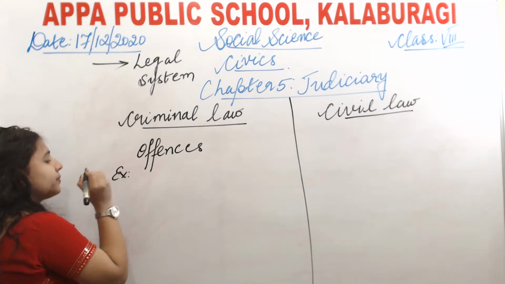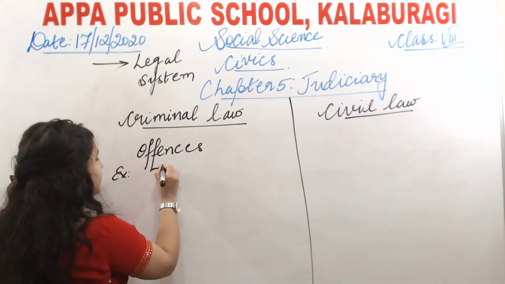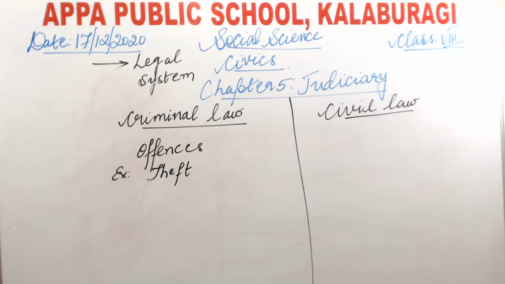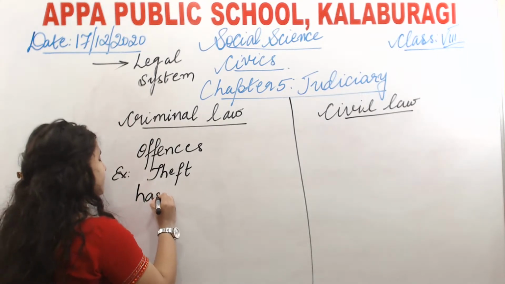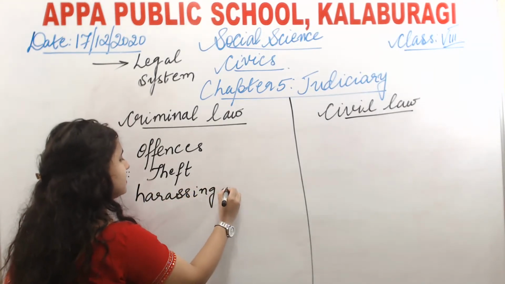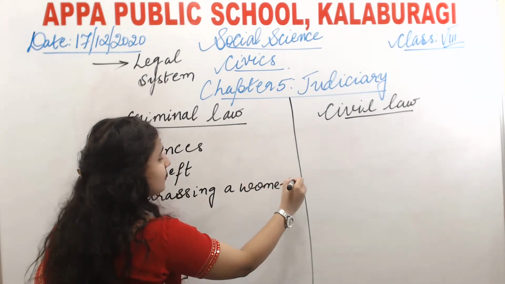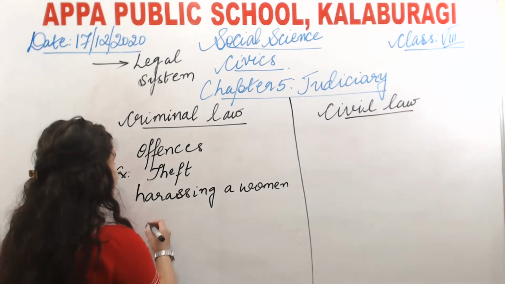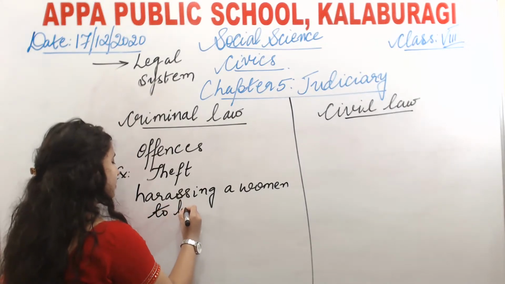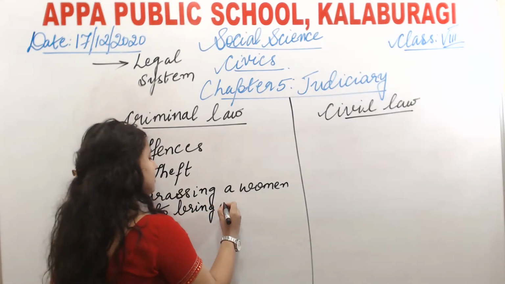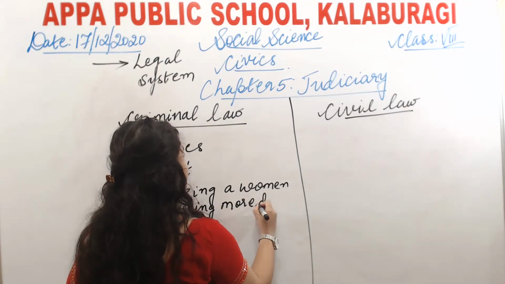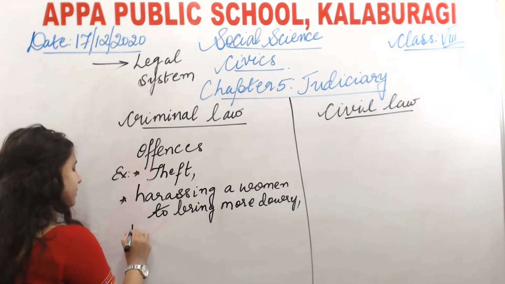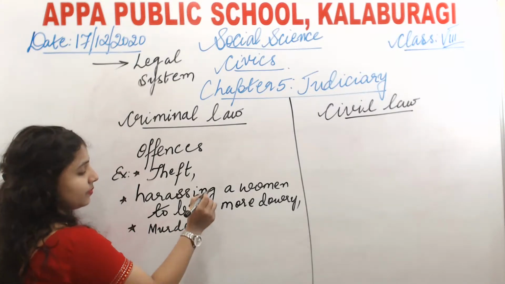Examples: theft, harassing a woman to bring more dowry, and murder.